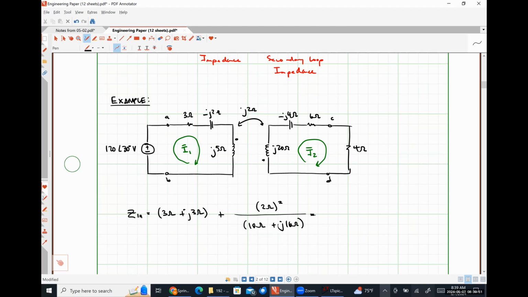If we throw this into our calculators, what we should find is that we get an impedance of 3.112 plus j2.820 ohms. So this is the input impedance seen.